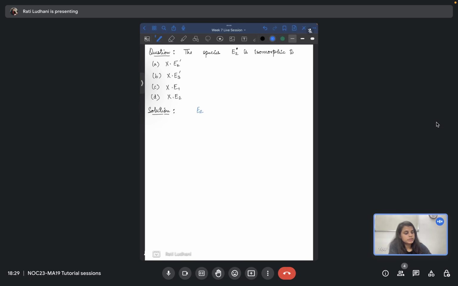Do you remember what E2 dot is? E2 dot of U equals E2 of U cross U, as the elements. So this is E2 dot, and the question is, the species E2 dot is isomorphic to what?